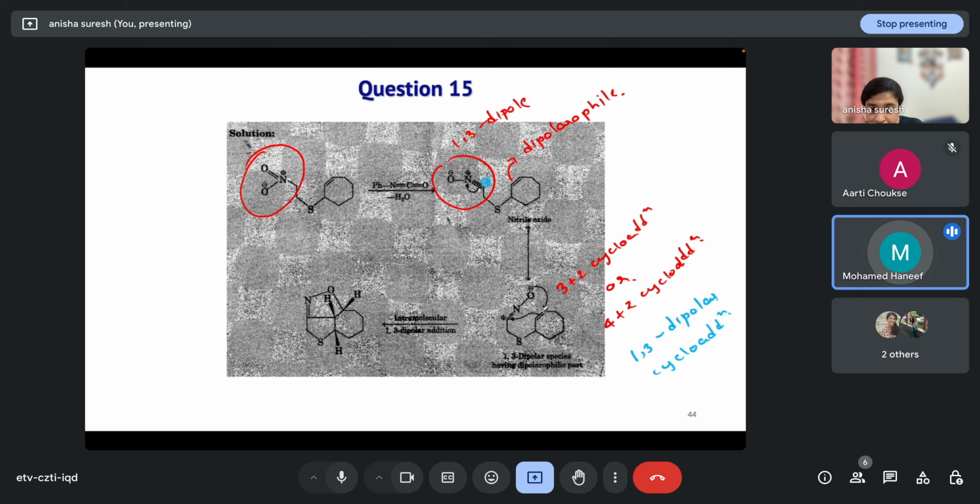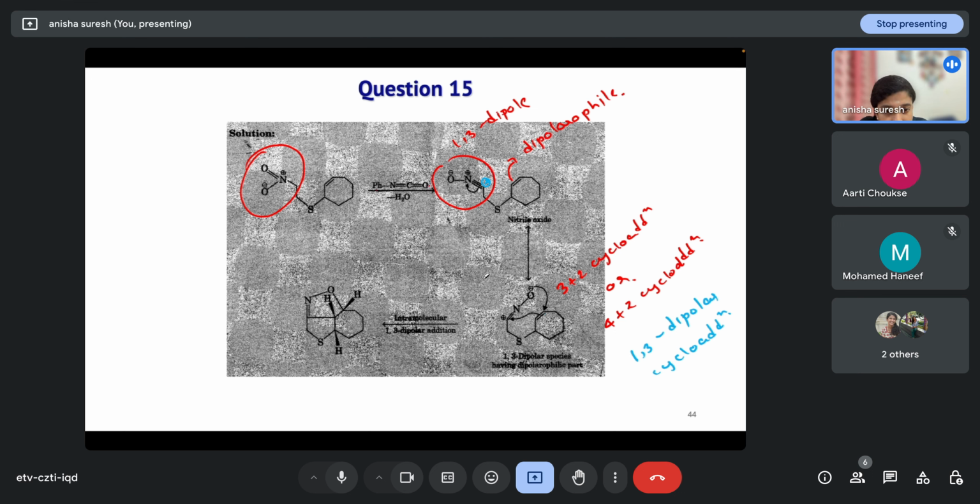The hydrogen next to sulfur, ma'am. This hydrogen? Yes, ma'am. How the stereochemistry of that hydrogen is coming, I will check and tell.